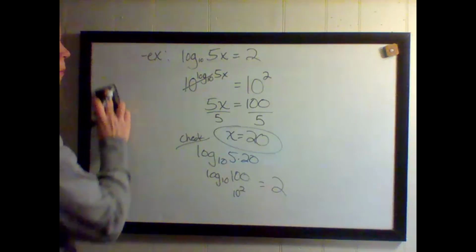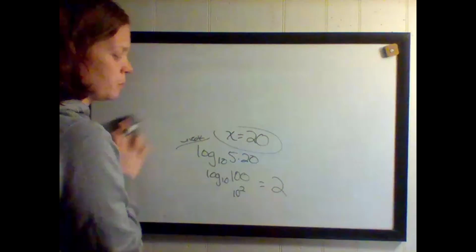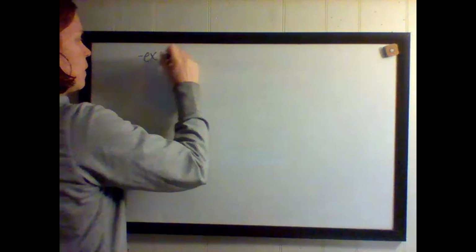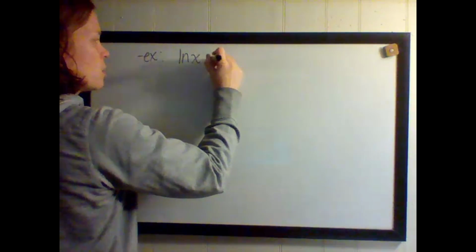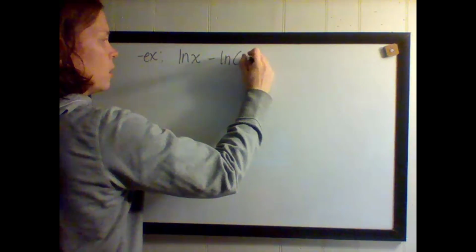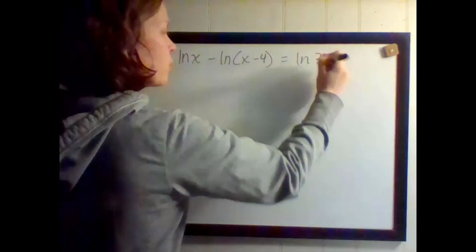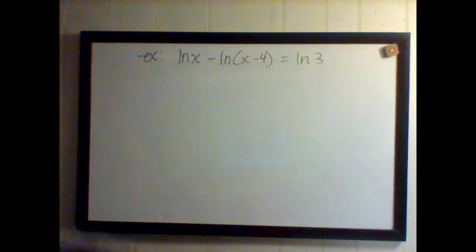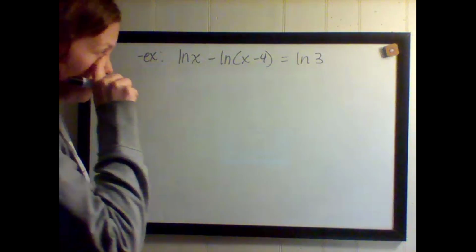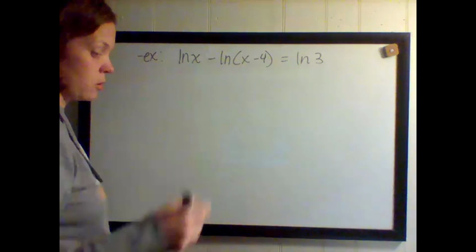Okay, how about natural log x minus natural log of (x minus 4) equals natural log of 3. Okay, so now this one, for step 1, I'm going to have a little work to do. I'm saying isolate the natural log parts.